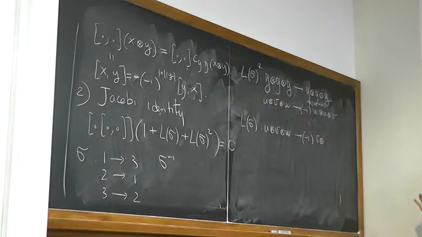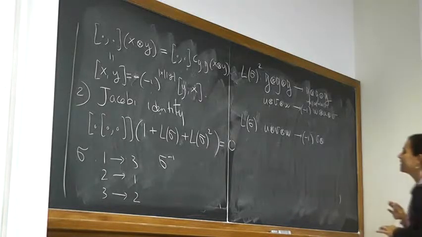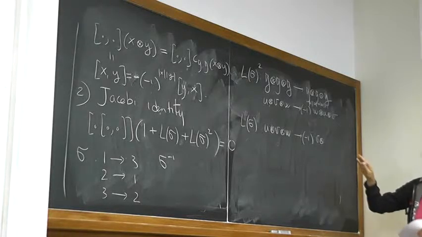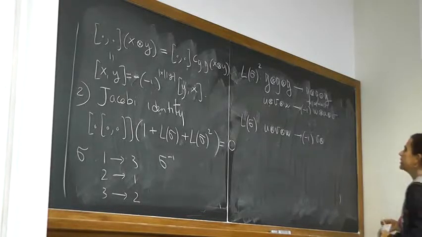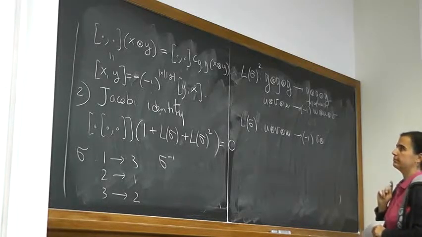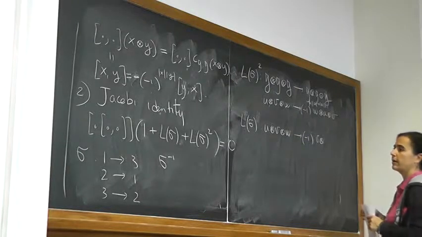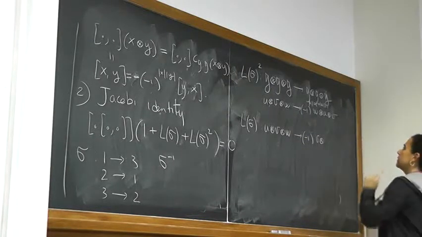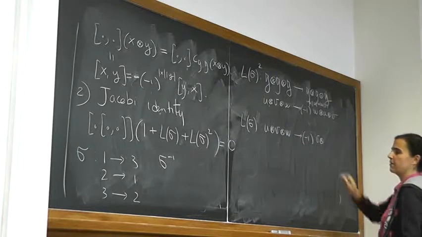I'm a disaster. You see the point, Martha? Yes, it's disastrous. So I'm doing the square, so I should send V here.